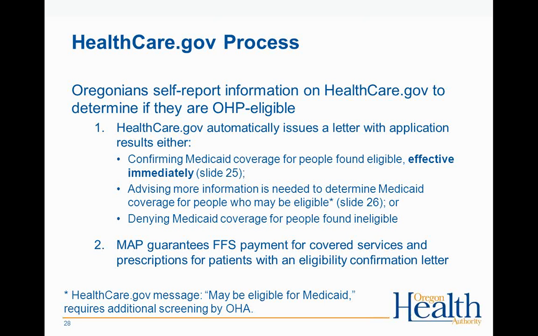But do look at those results, and what you're looking for if you want to serve a client on OHP is that they are eligible. So I'll show you those pages in just a moment that have that result. And then secondly, again, MAP guarantees fee-for-service payment for covered services and prescriptions for patients that have this eligibility confirmation letter with the result of eligibility for OHP.